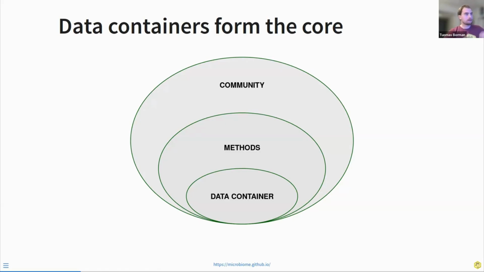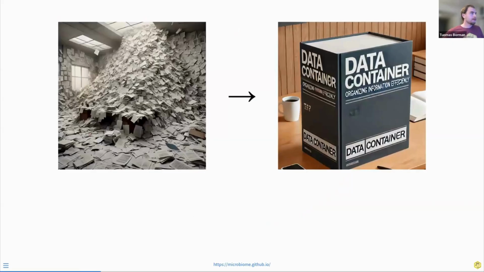But what are those data containers? Hopefully your office does not look like this, but these are generated with AI, so that's why they look a little bit stupid. But anyways, on the left side, this illustrates a pile of pages. It's a complete mess.